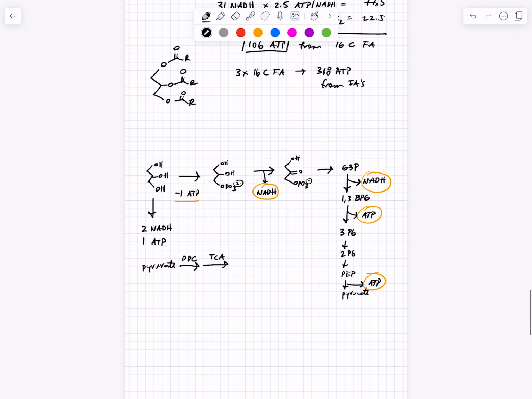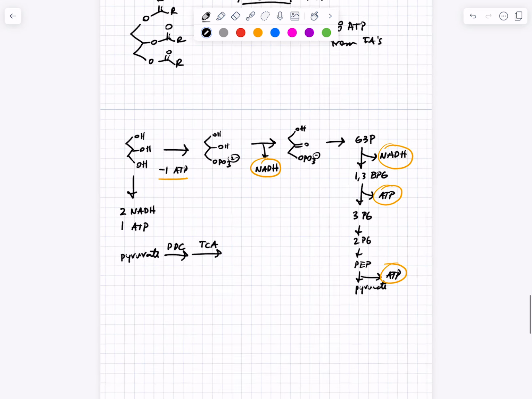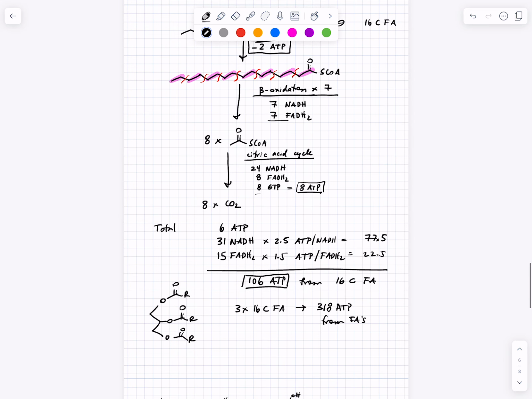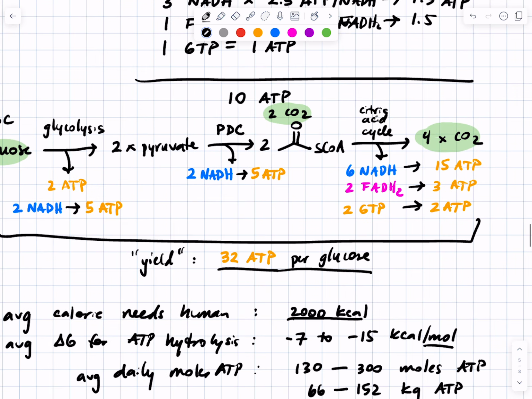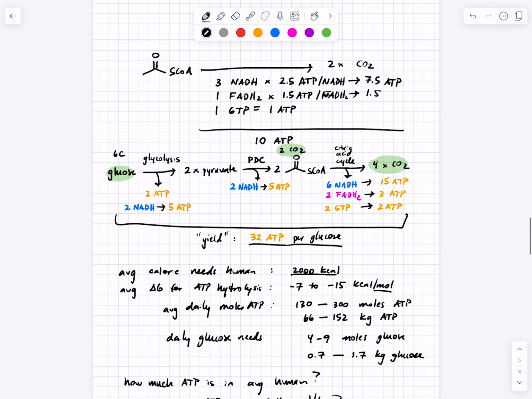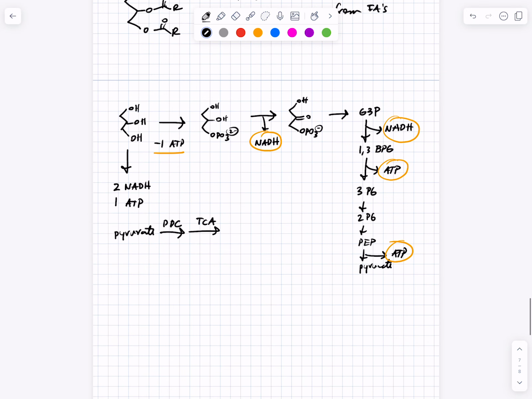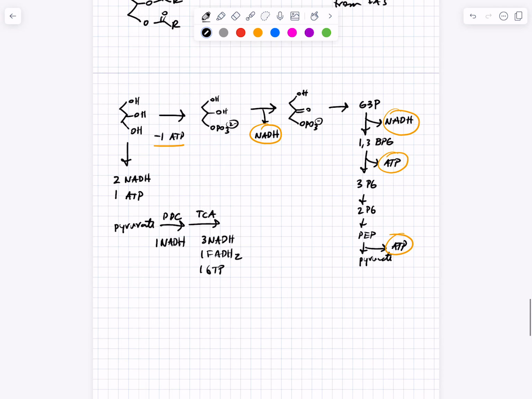We're moving fast, but we're just trying to get a number at this point. Each molecule of pyruvate generates 1 molecule of NADH. So there's 1 NADH there, and then a citric acid cycle is 3 NADHs, 1 FADH2, and 1 GTP.